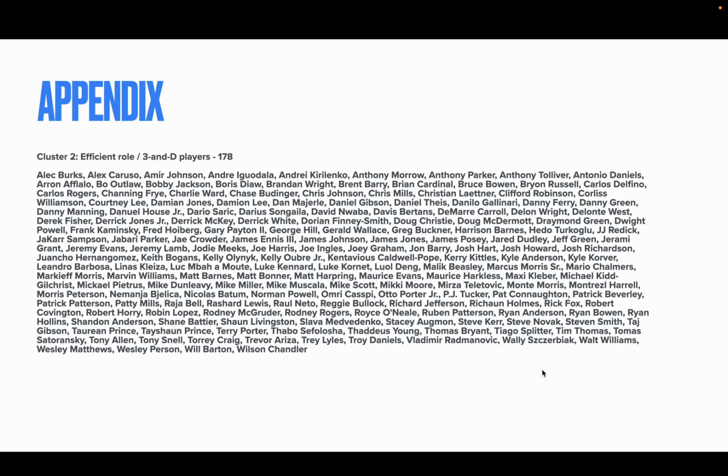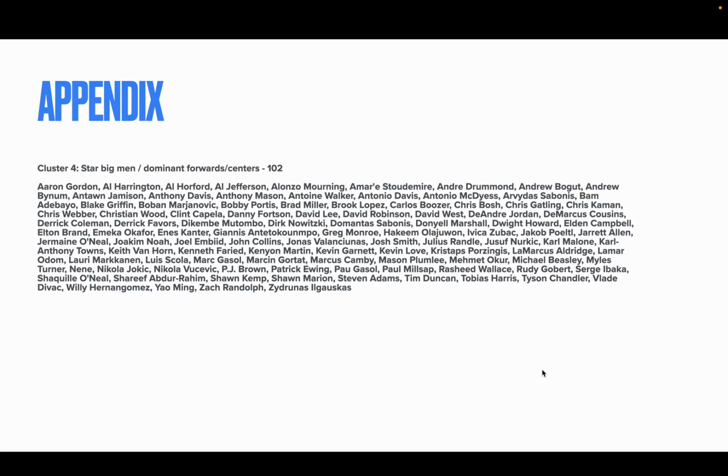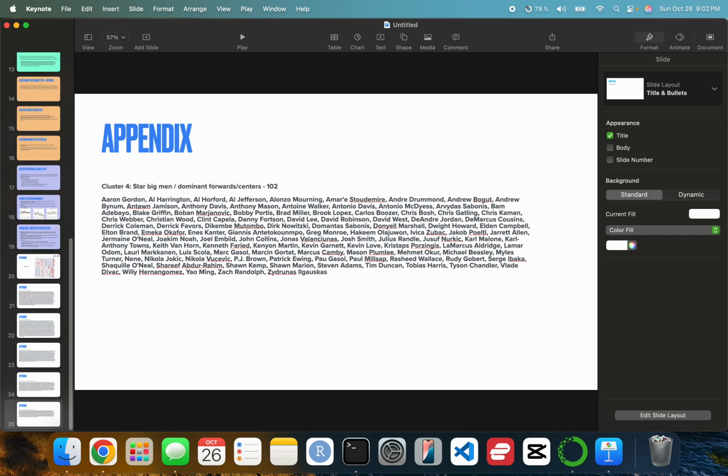As you get better players, you have less, obviously, in each cluster. So these are efficient role players, there's 178. Playmaking wings and guards, 144. And the smallest cluster are your star big men with only 102. And that's it.